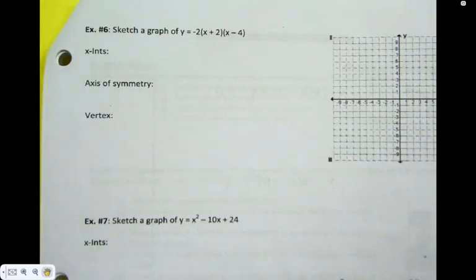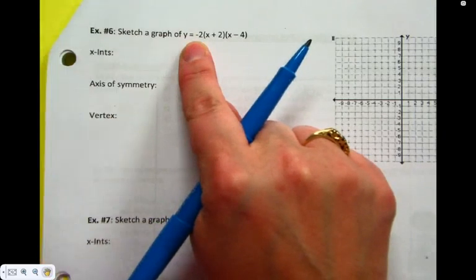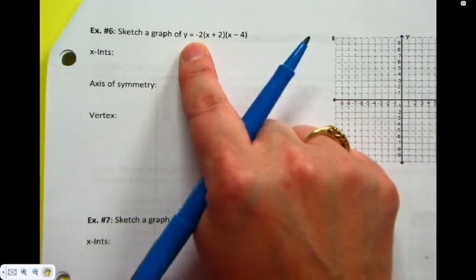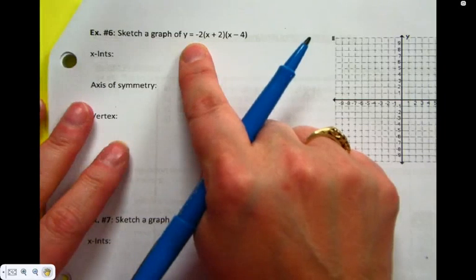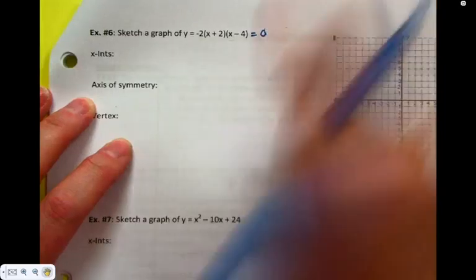X-intercepts. What do I do when there's -2 out front? Remember, when we're solving for intercepts, the other side is really equal to 0.